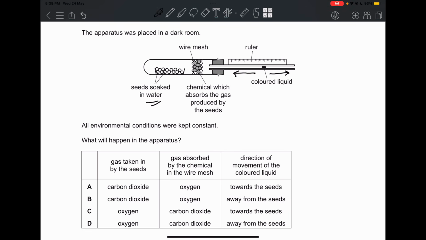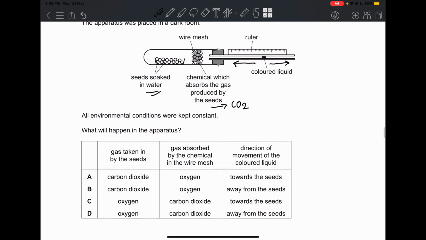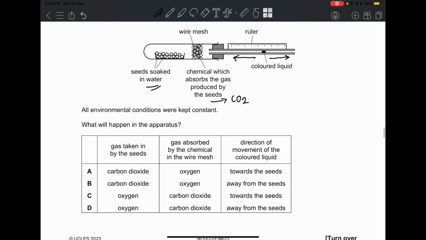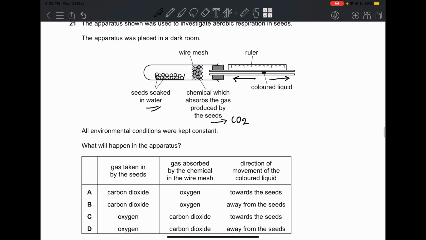So the seeds will actually produce carbon dioxide. So the gas absorbed by the chemical is actually carbon dioxide. They will perform respiration so they can grow and produce glucose and energy. So the gas taken in by the seeds is actually oxygen, because it's going to be respiration.